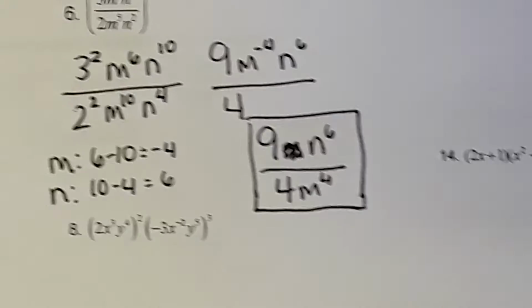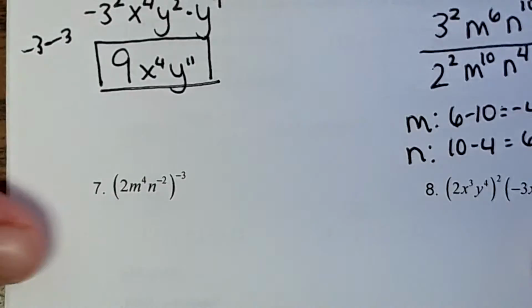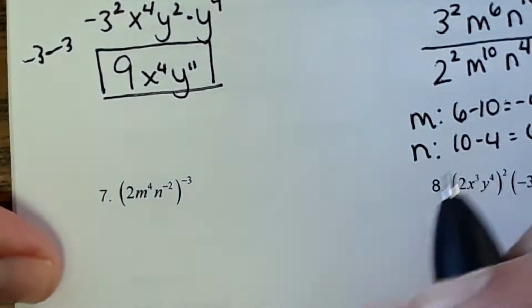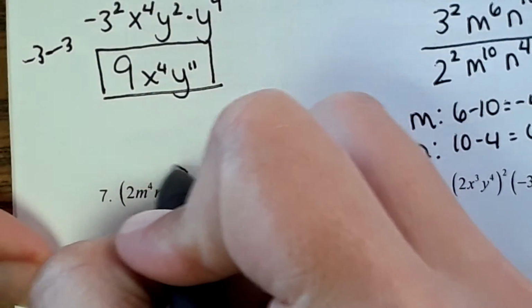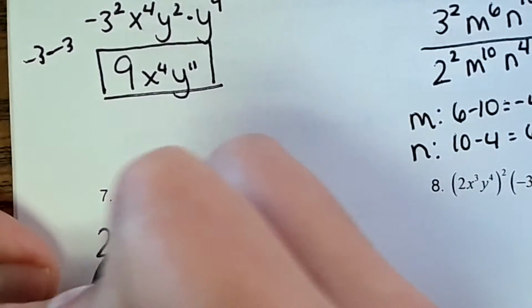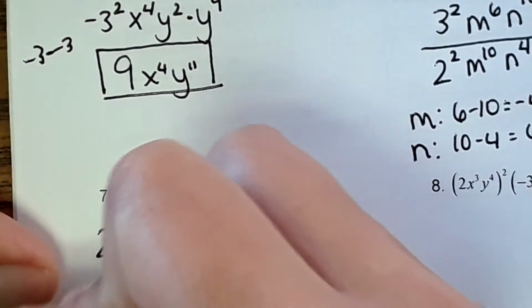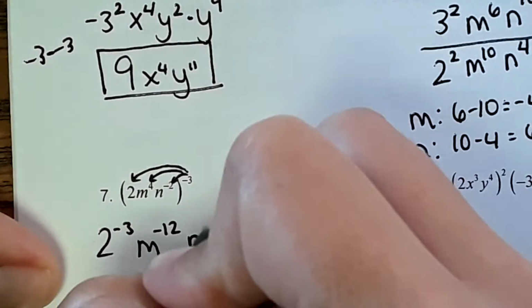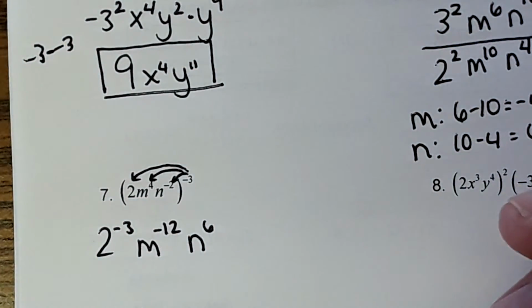Okay. Now number 7. Now we have a negative exponent, but we're still going to follow the same rules and then sort it out at the end. So I'm just going to apply this -3 to all 3 of these. So it'll be 2 to the -3, m to the -12, and n to the +6.